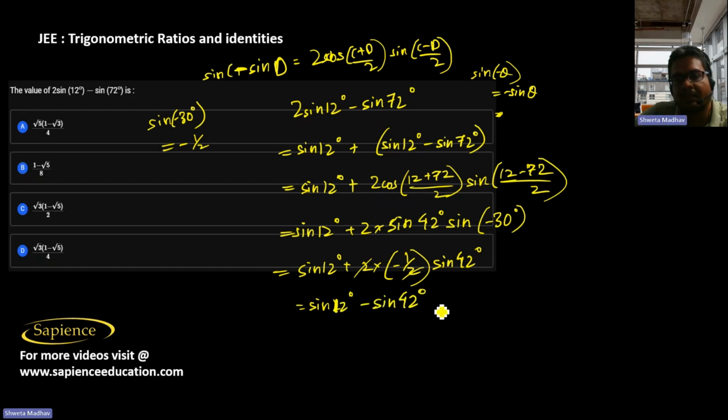And again the same formula we have to apply, which is 2 cos of c plus d by 2, which is 12 plus 42 by 2, into sine of 12 minus 42 by 2.